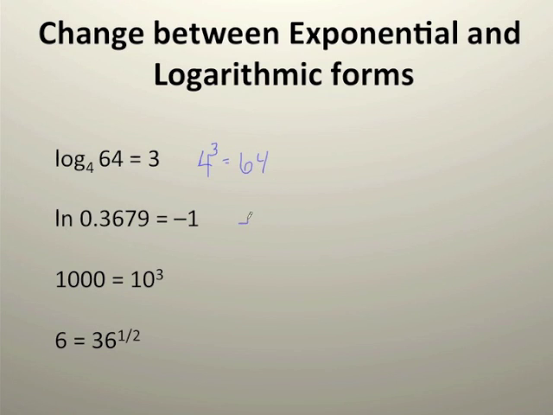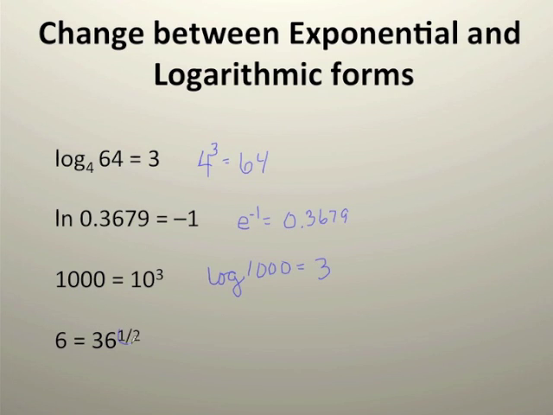The base is e, since it's an ln. The exponent is -1, and that equals 3,679 10,000ths approximately.